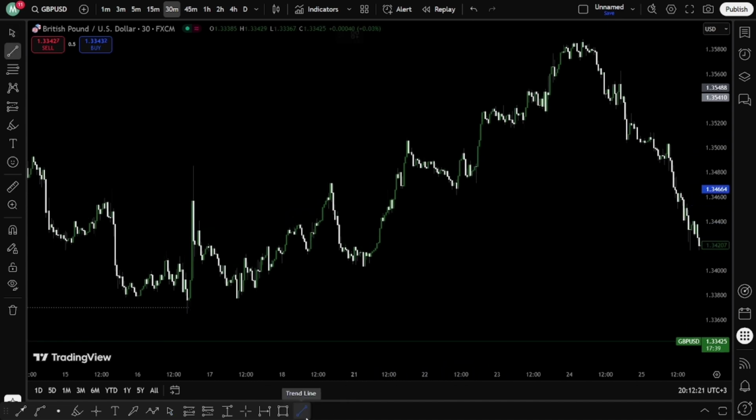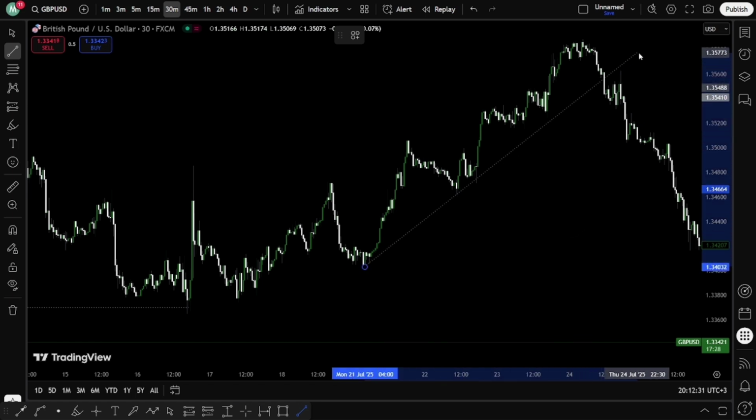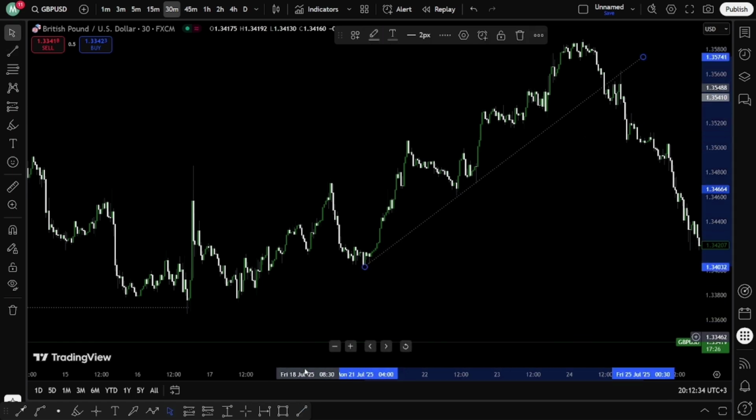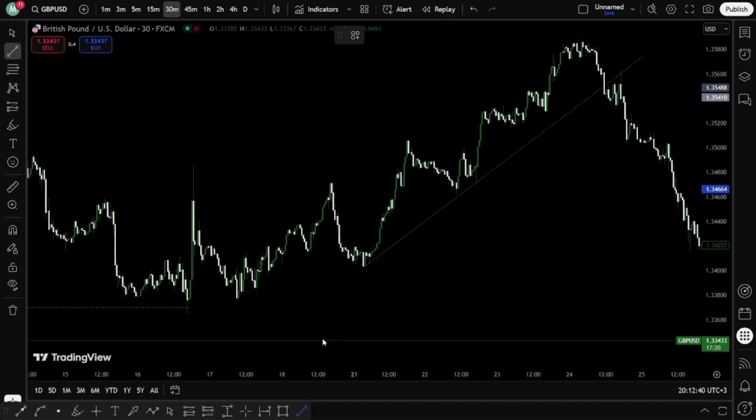We are going to draw our trend lines here. This is going to be our first touch. I'm going to explain why this is not my first touch later. So this is our first touch. First touch, second touch, third touch. Then we can also draw the one on the upside.